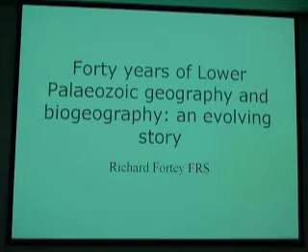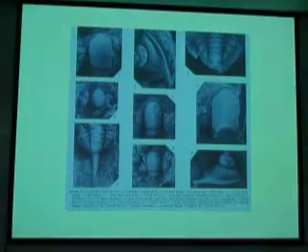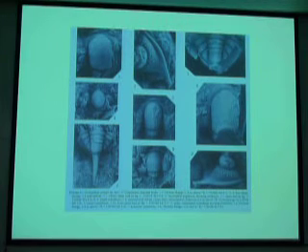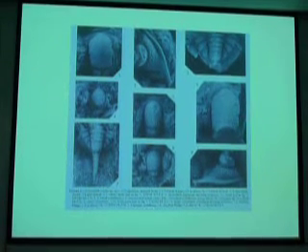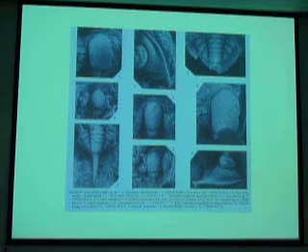I will show you. In North America, for example, there were trilobites of this family called Biogeography, which are extremely abundant everywhere in North America and in Greenland, and indeed in part of Britain.